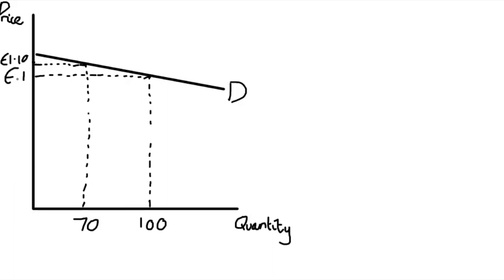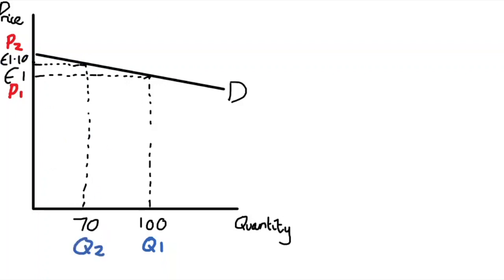Our first price of €1 we'll call P1, and our second price, €1.10, we'll call P2. We will also label our quantities. Our initial quantity when the price is €1 is 100, so Q1, and our quantity demanded when the price goes up to €1.10 is 70, so Q2.